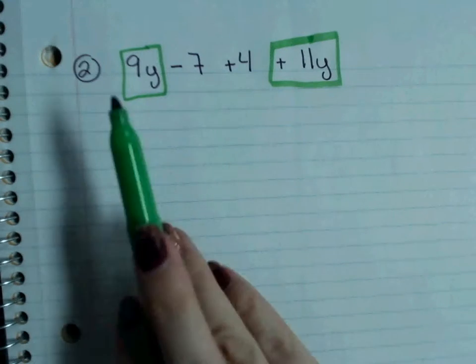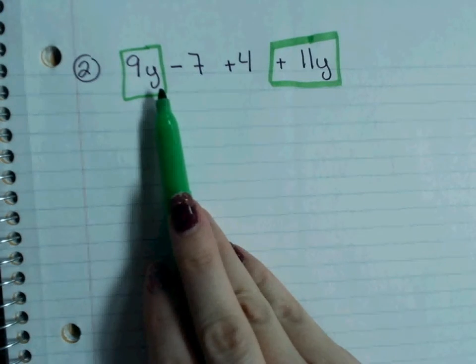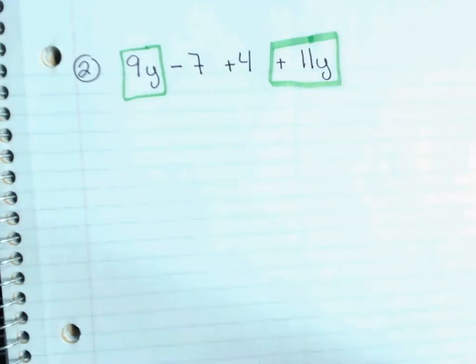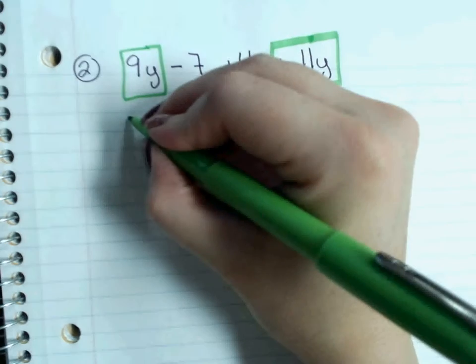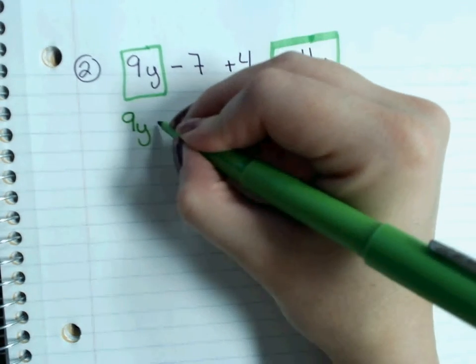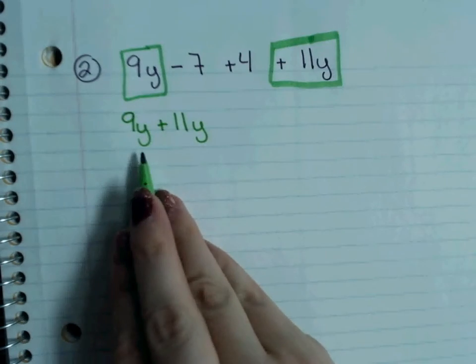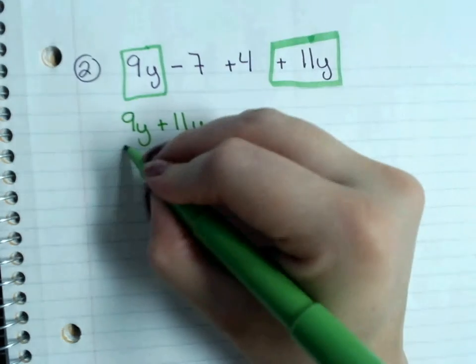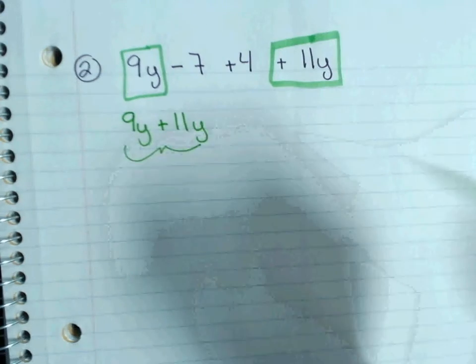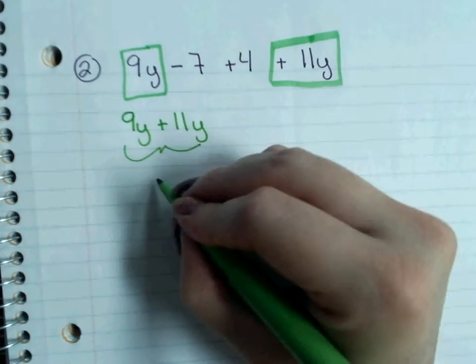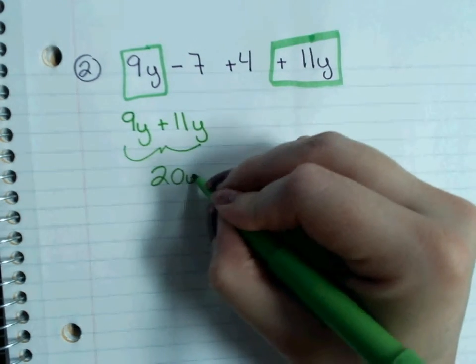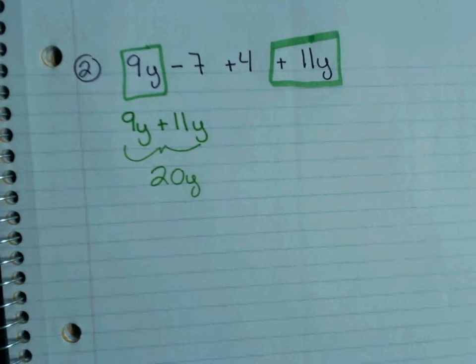I'm going to rewrite it so that 9y plus 11y is written side by side. What is 9y plus 11y going to give us? Cameron? 20. Very good. What other like terms do we have? Rachel?